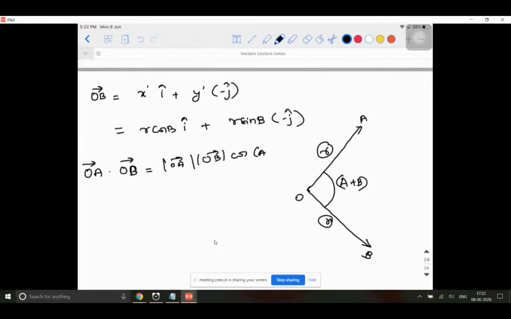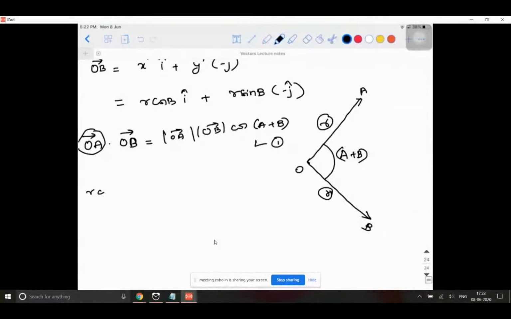So let me call this as 1. But what is OA vector in terms of i cap and j cap? OA vector is R cos A i cap plus R sin A j cap. Can I write it like this? So OA vector will be R cos A i cap plus R sin A j cap, dot, what is OB vector?